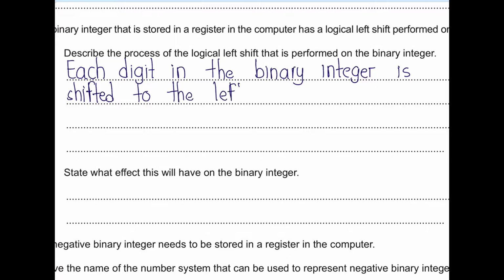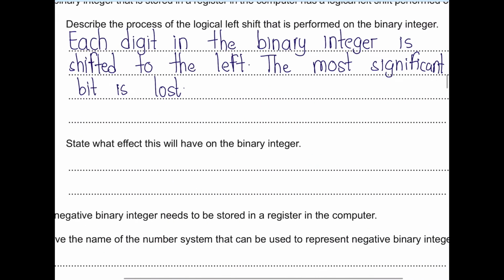And the most significant bit is lost. Now, in order to understand this clearly, for example, you have a number in this column.